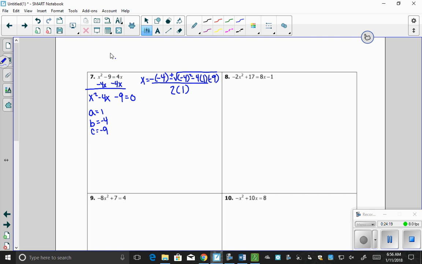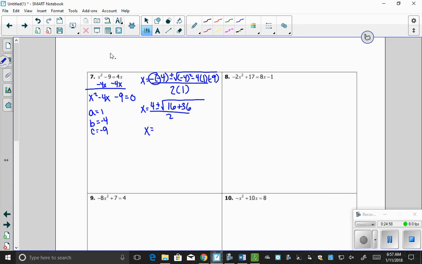So you know that x equals 2 negatives become a positive, so it's going to be 4 plus or minus the square root of negative 4 squared is 16, and negative 4 times 1 times negative 9 is going to give me a positive 36, all over 2.